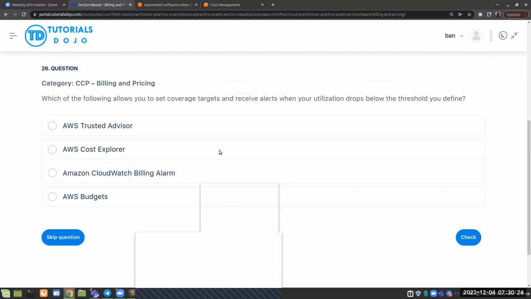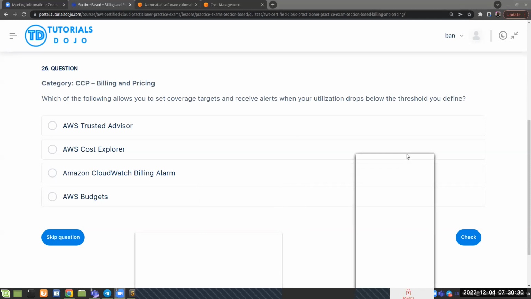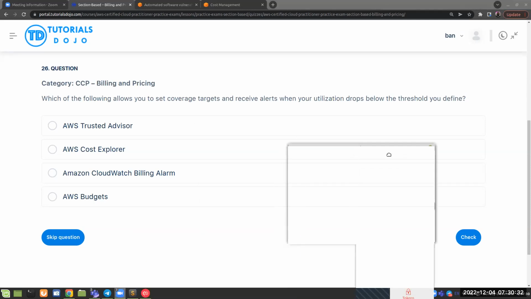Question 26. This should go to who? I'll leave it open. Please, if you know the answer, just let me know. Which of the following allows you to set coverage targets and receive alerts when your utilization drops below the threshold you define? We have talked about that. Which one will be the answer?